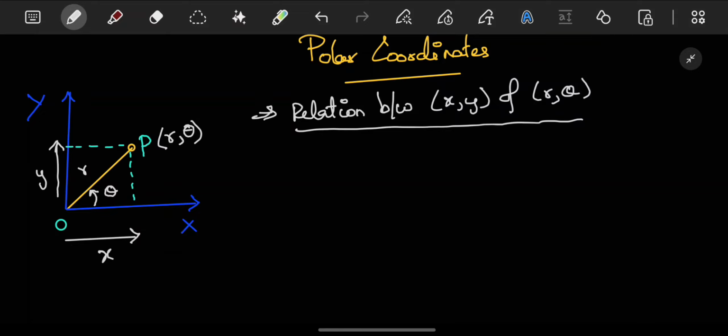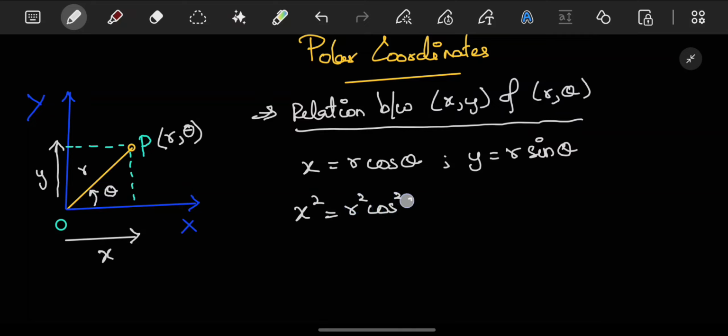Since this small x is along the x-axis, we can just write that x is equal to r into cos theta and y is equal to r into sin theta. In order to find the value of r, we can just square the two terms of x and y, where we get x square is equal to r square cos square theta and y square is equal to r square sin square theta.